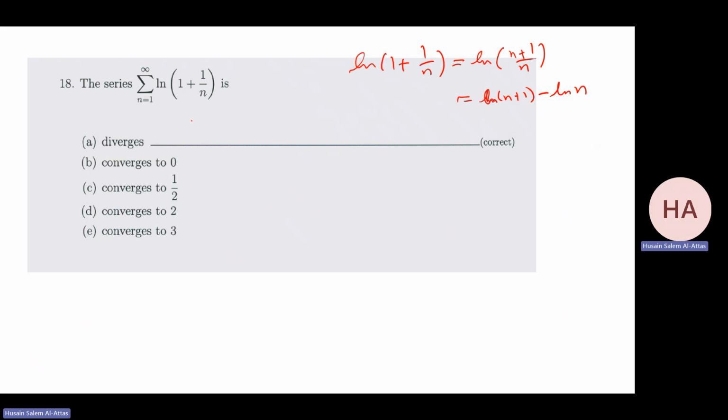So Sn will be A1 plus A2 plus up to An. With A1, it will be ln 2 minus ln 1, plus, at n equals 3, that will be ln 3.